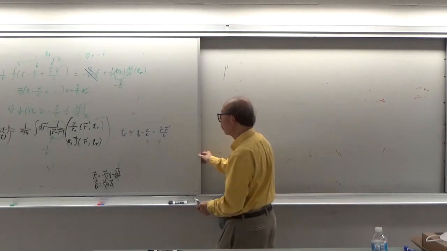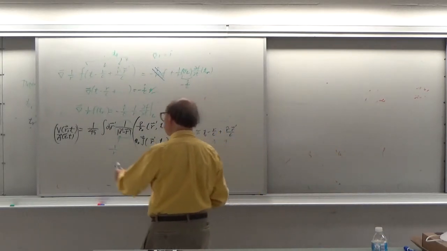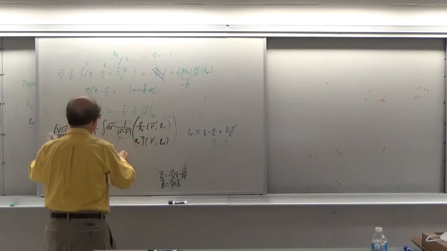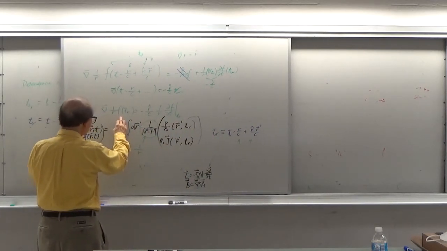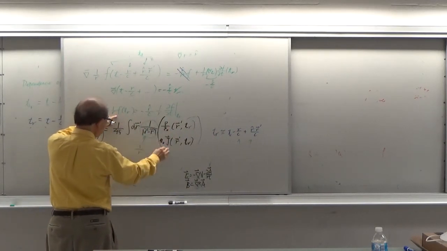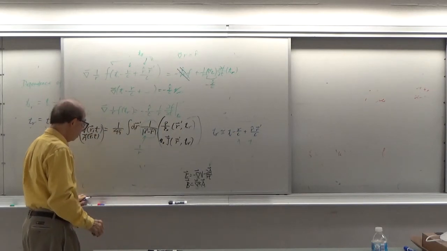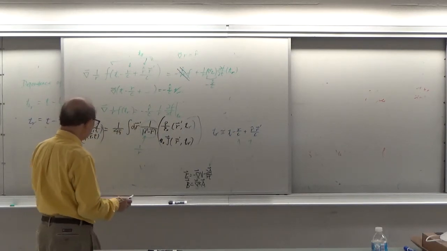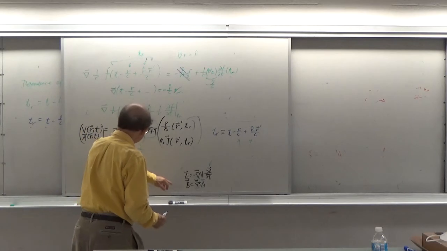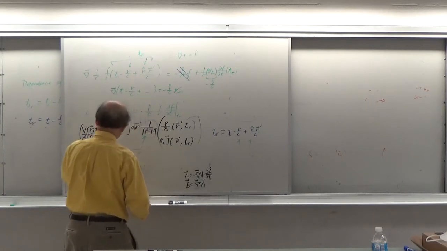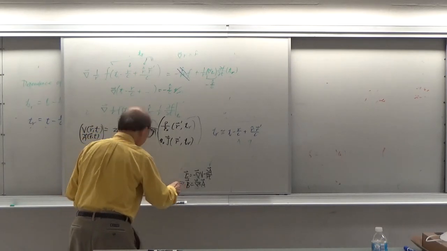All right? So we have considered this gradient acting on this. And as I said, this f could be rho or could be J. So let me apply this to the expression for B first.